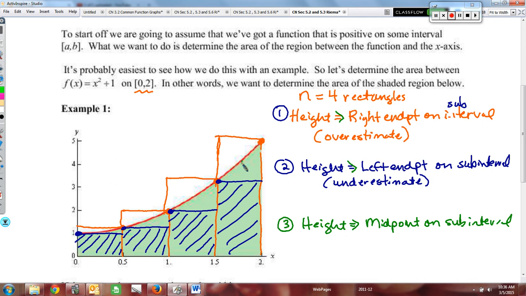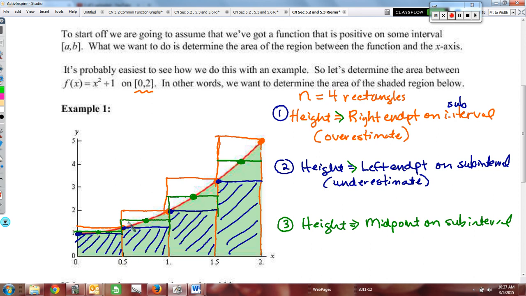If I were to do that, wouldn't you agree that this rectangle might be quite a better estimate of what our actual area is? Even visually, now I wouldn't say 100% of the time it's always going to be better, but unless it's some extreme weird case, it probably is going to be pretty good.